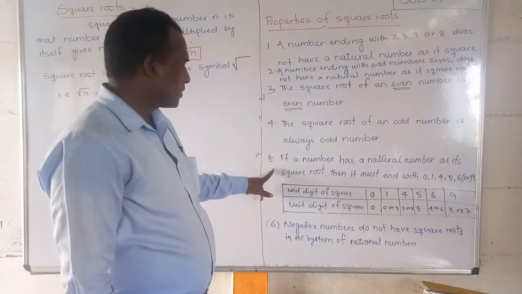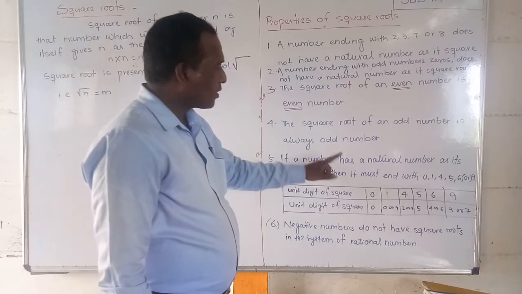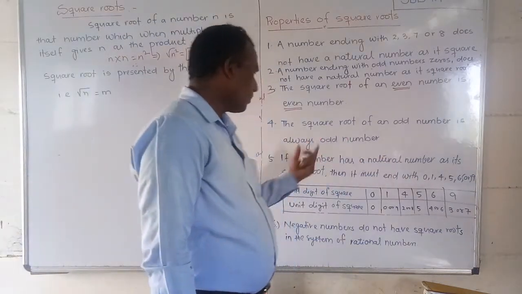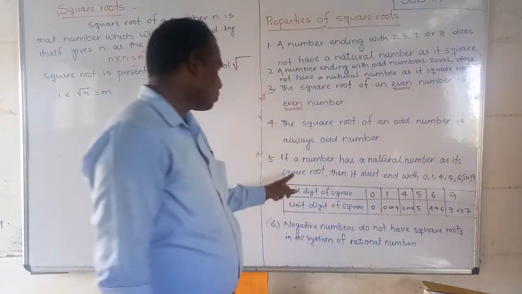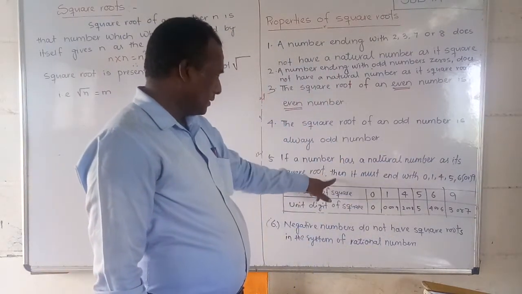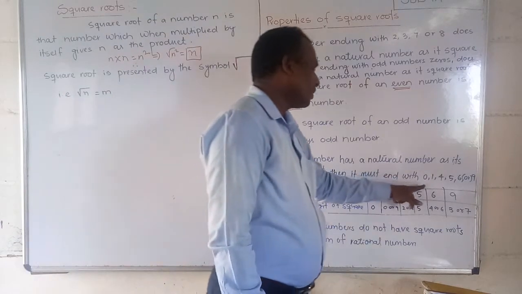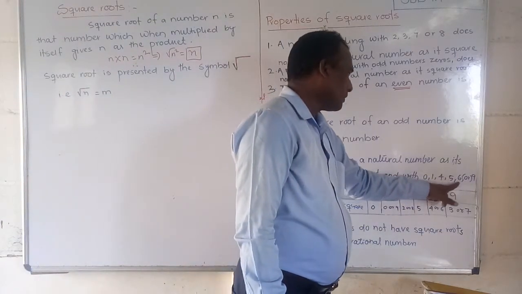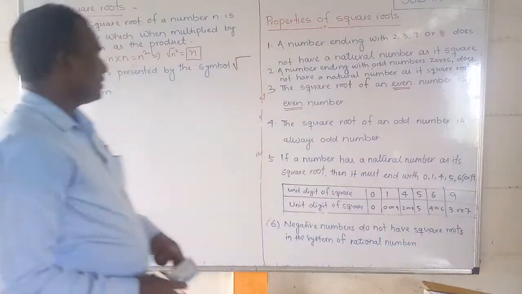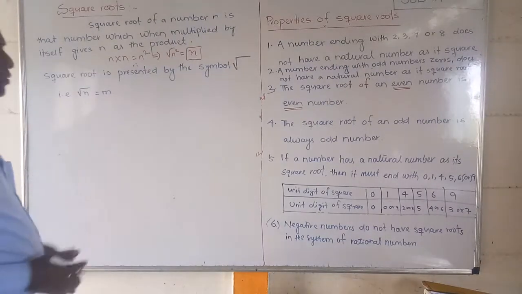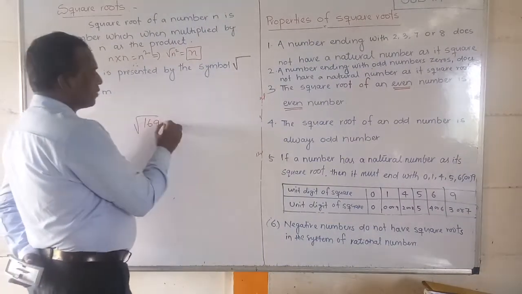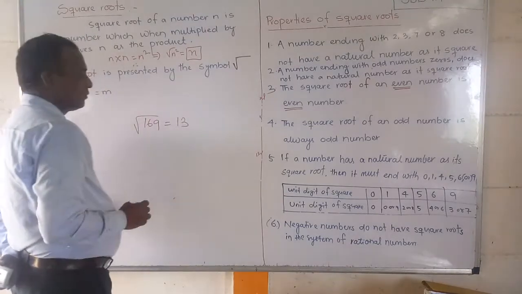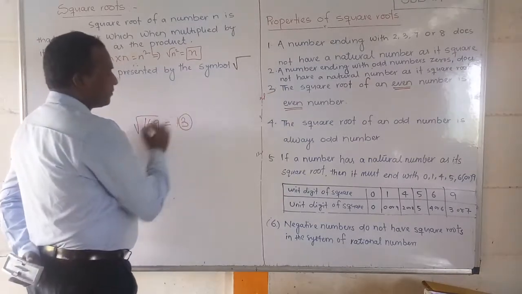Fifth point: if a number has a natural number as its square root, then it must end with 0, 1, 4, 5, 6 or 9. Students, whenever we find the square root of a number, say root over 169, how much? 13, ending with 3.